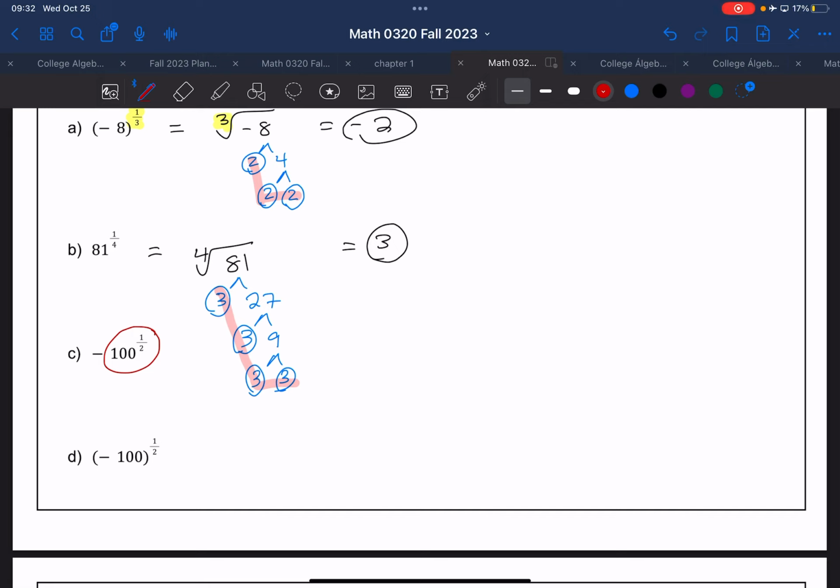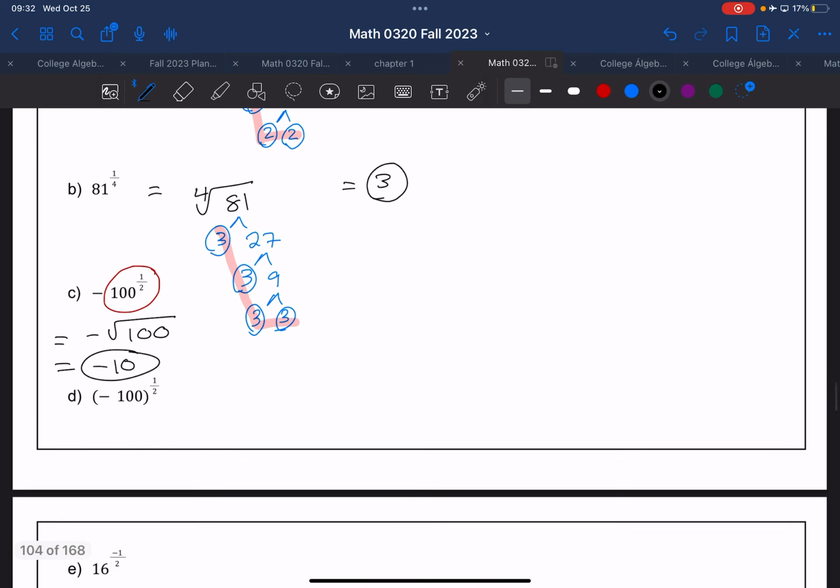So how can we write 100 to the 1/2 power? Negative square root of 100. Good. And what's the square root of 100? So that means we have negative 10. The only reason we have that negative is because it was not attached to the exponent, so we had to move it out to the front.